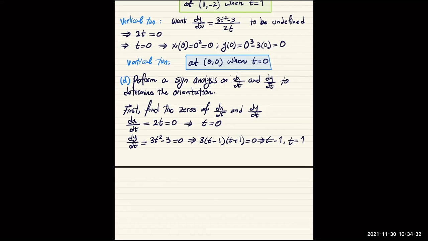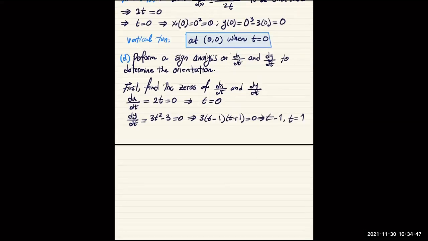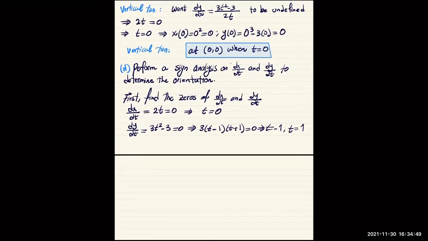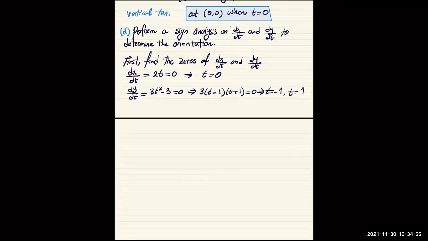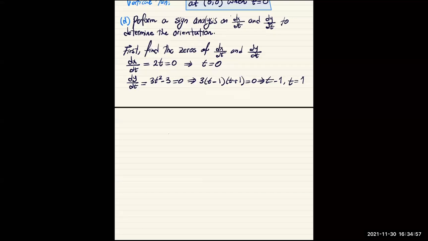All right, now, the next thing that you have to do is draw a number line and check the sign of each derivative over intervals of t or time. Again, here t is not really time because t could be negative. T is just a parameter. Okay, so here is that number line.